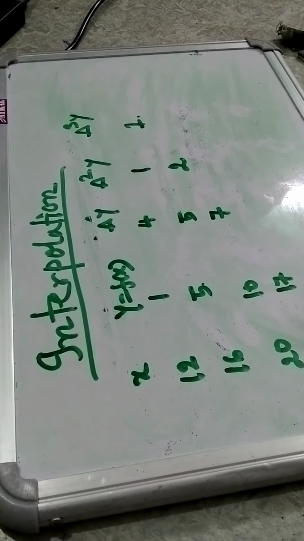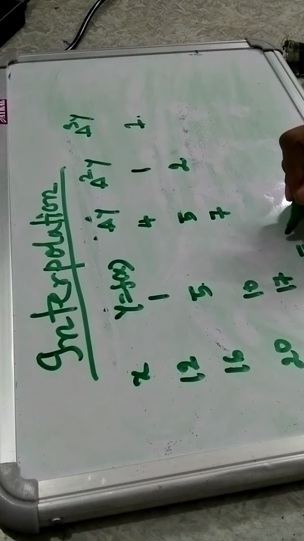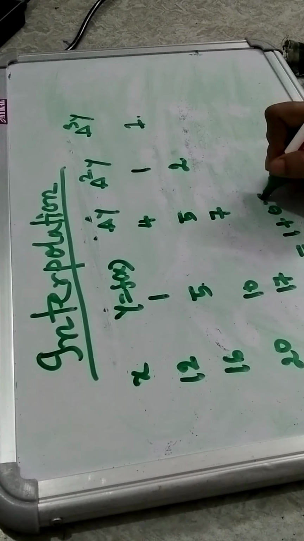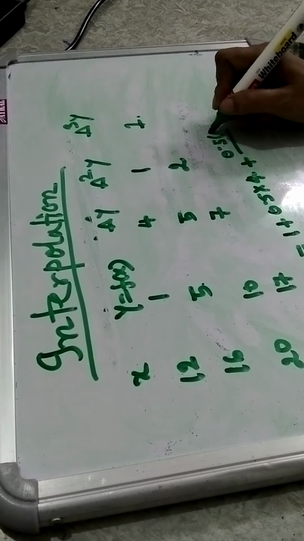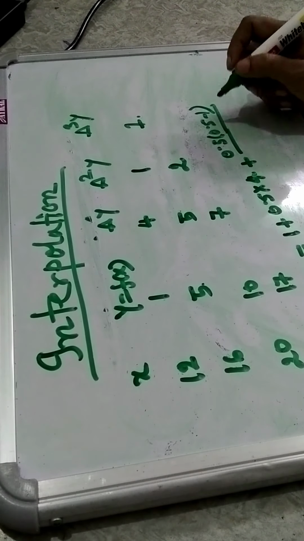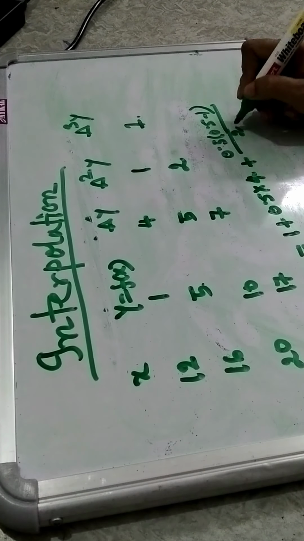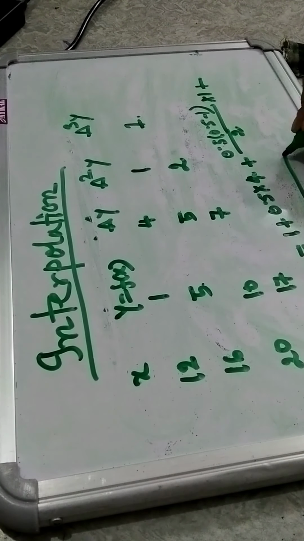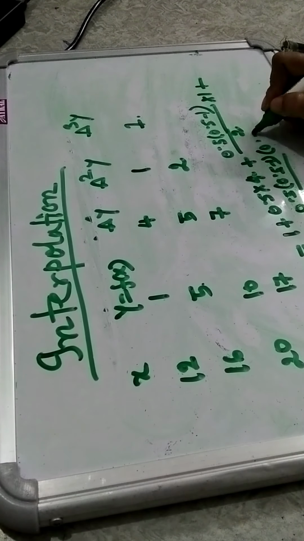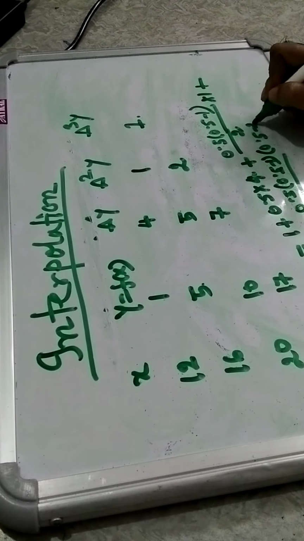Now we put in the values: f(14) is equal to 1 plus 0.5 into 4 plus 0.5 into (0.5 minus 1) divided by factorial 2, this is 2, into 1, plus the next term 0.5 into (0.5 minus 1) into (0.5 minus 2) divided by 3 factorial, this is 6, into 1.